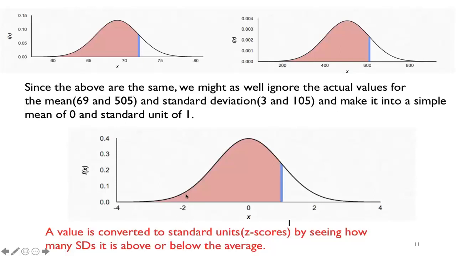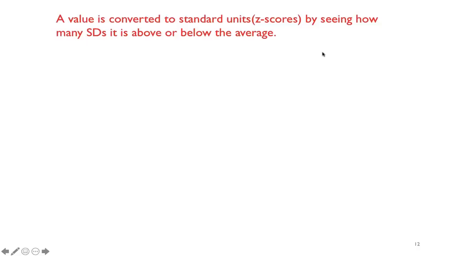And the SD doesn't care whether it's SAT score or height. It's just an SD. It's unitless. That's a nice way to look at the problem without being bogged down by the actual details of the problem. Then we have a table of all the values for this curve, and that can be used for all problems, regardless of the context.